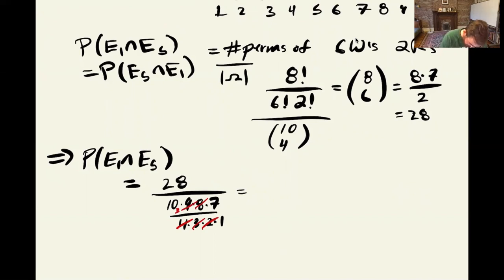So now I've got something like 28 being 4 times 7 over 10 times 3 times 7.